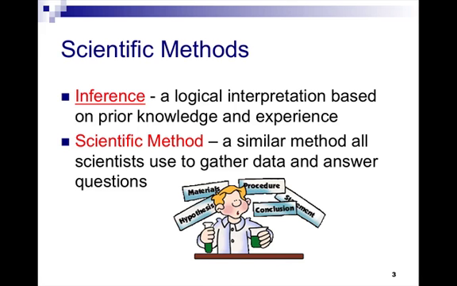And really, you're using the scientific method most of the time when you're making decisions without even realizing that you're using the scientific method to come to a conclusion. So, I've got a chart on the next slide, and we'll see if you can guess which ones are observations and which ones are inferences.